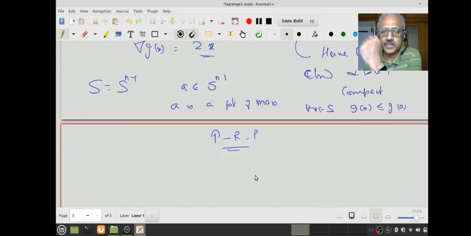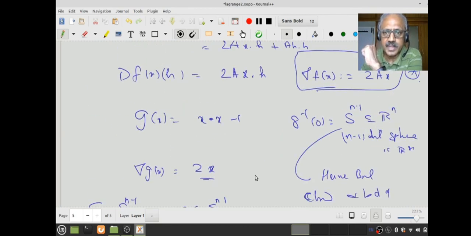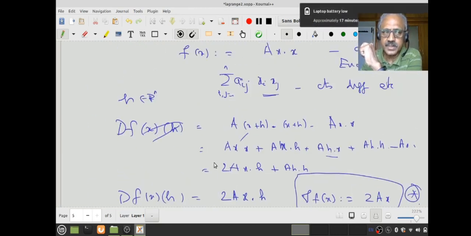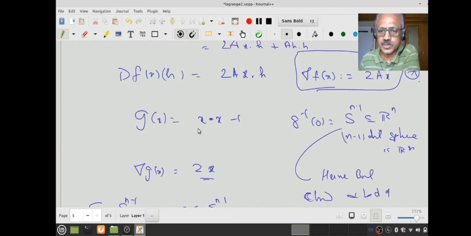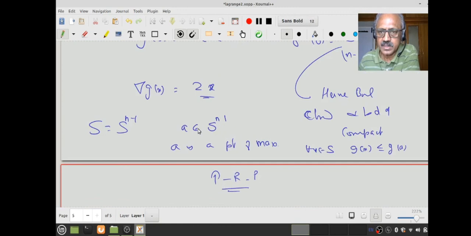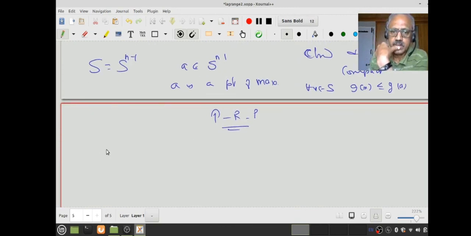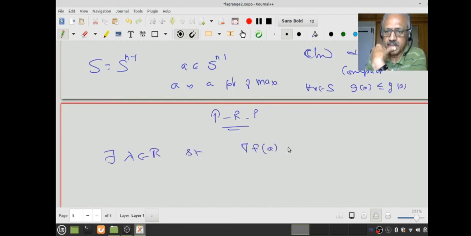Now what kind of point is A? At the point A, I know the gradient of the function and the gradient of the constraint must be scalar multiples of each other. Therefore there exists a scalar lambda in R so that the gradient of f at A is equal to lambda times the gradient of g at A. What is this?